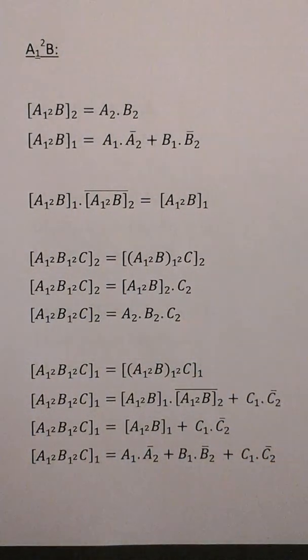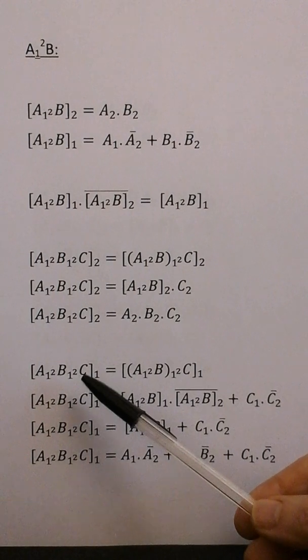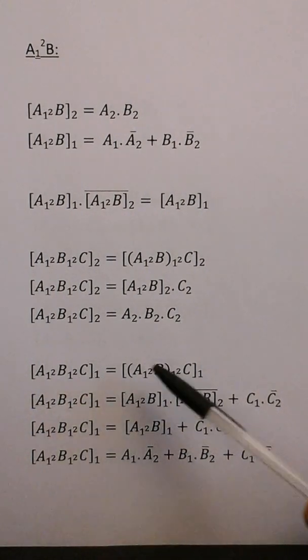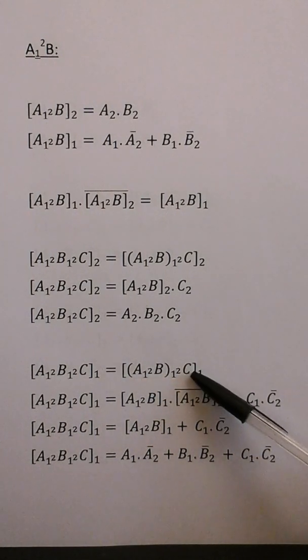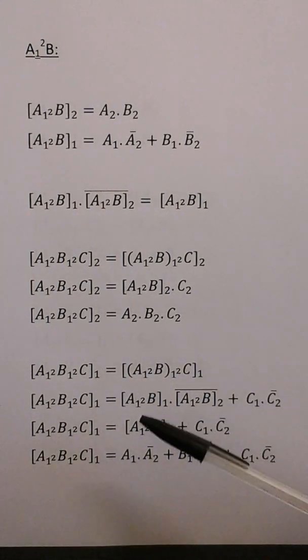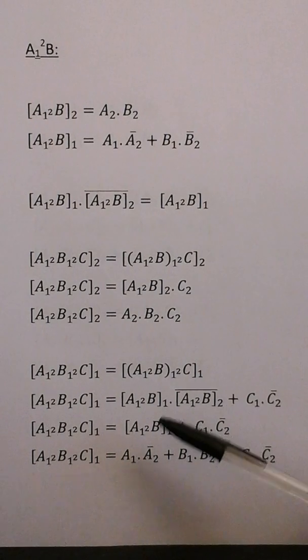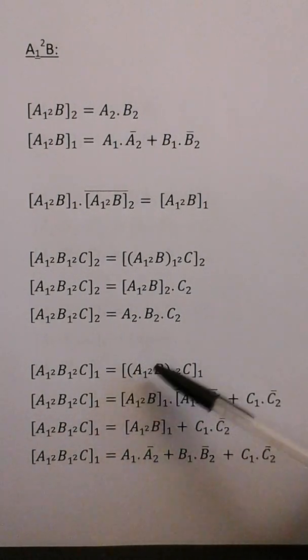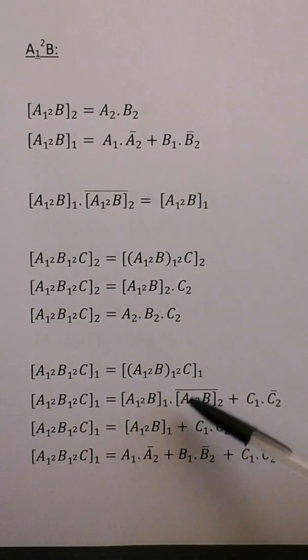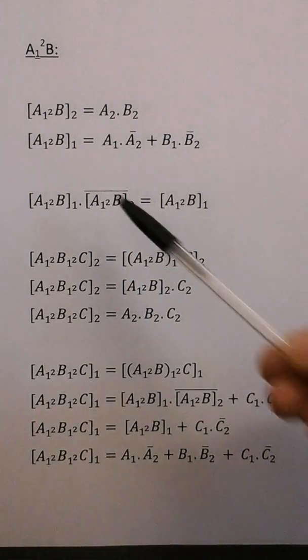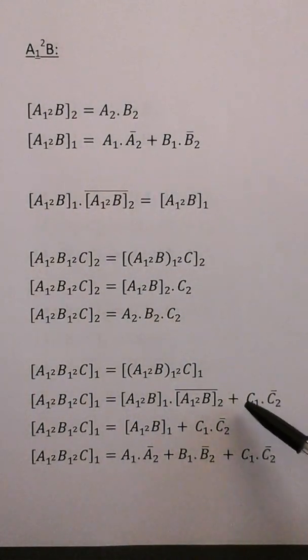For A1 squared B1 squared C1, again using the associative law, treat it as a two variable function. So this becomes A1 squared B1 and not A1 squared B2, which is here, and this becomes C1 and not C2, which will be there.